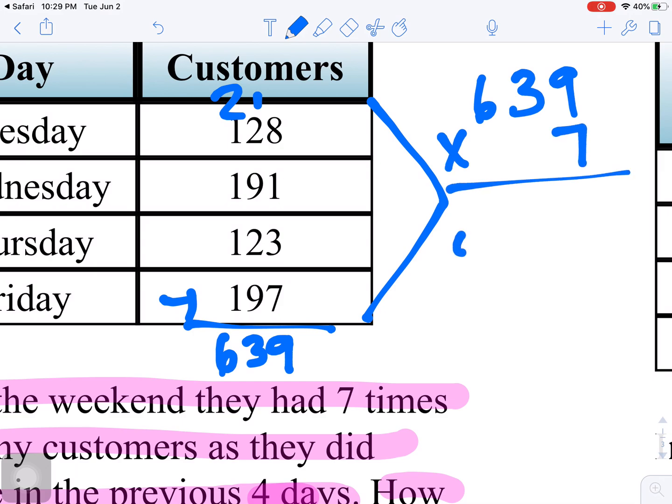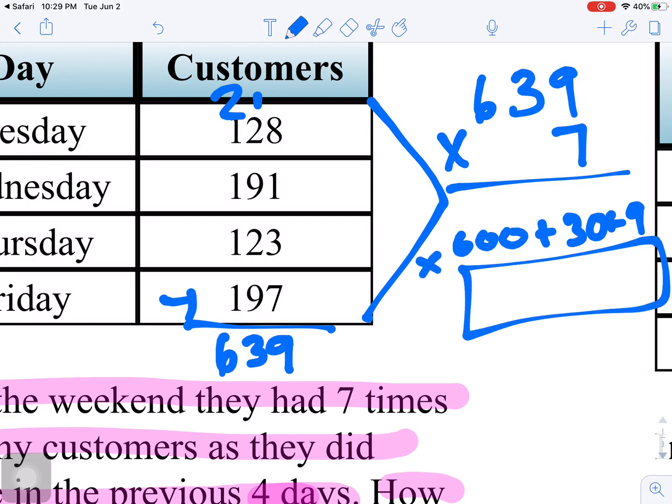So I could go 600 plus 3 tens plus 9 times 7. I know these are going to be 2 zeros. 7, 14, 21, 28, 35, 42. 7 times 3, I forgot my 0, is 21.